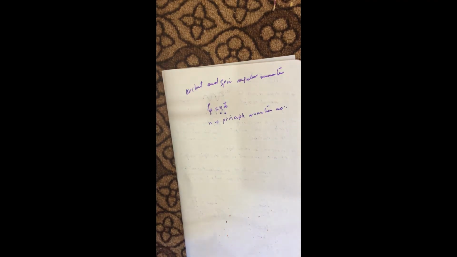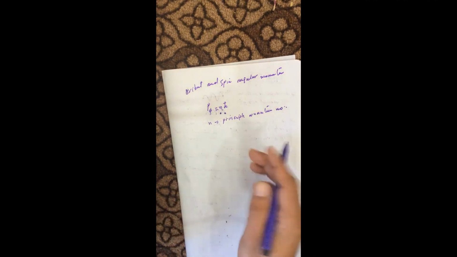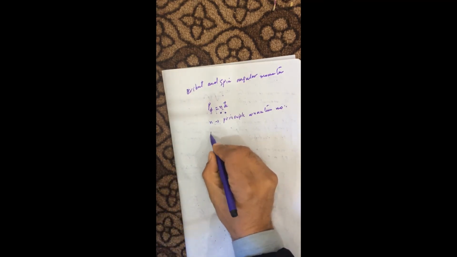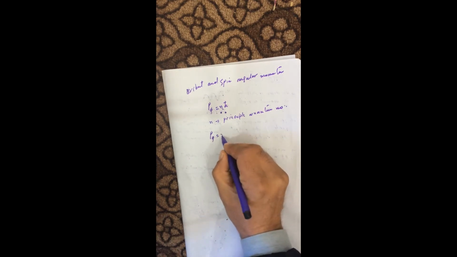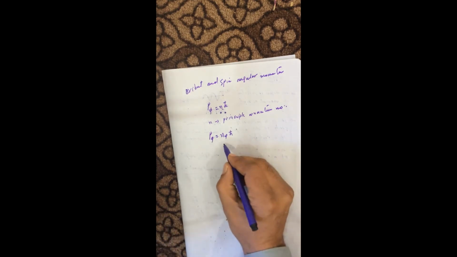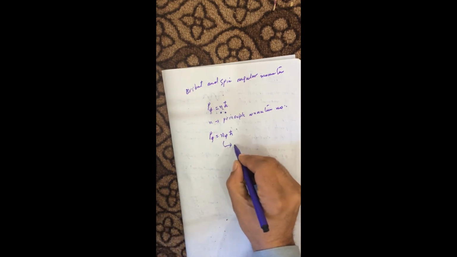While in Sommerfeld theory, the angular momentum, which is P of phi, is also an integral multiple of n of phi times h bar, where n of phi is called the azimuthal quantum number.